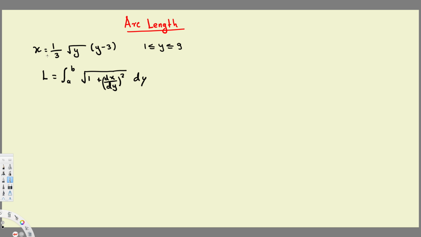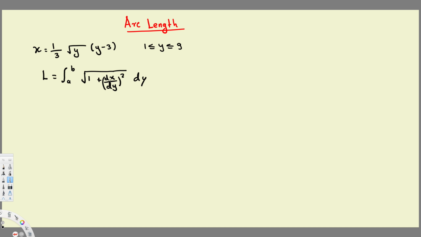But here they have given it in terms of x, so the equation is a little bit different. Here we have dx over dy, but if it is y, this becomes f prime of x squared, dx. That's the only difference, just these two terms.